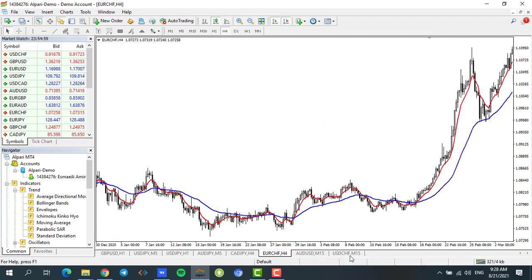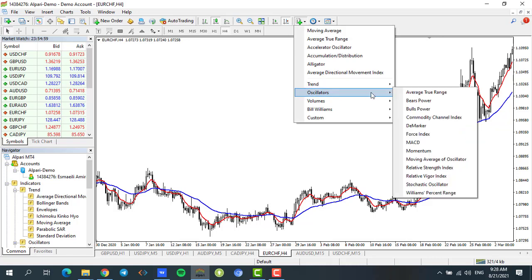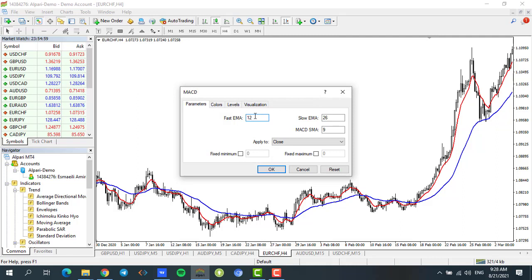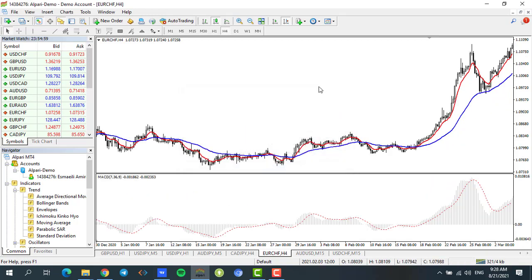And here it is. But the thing that no one recognized is that this is simply MACD. Here we inserted MACD 7, 36.